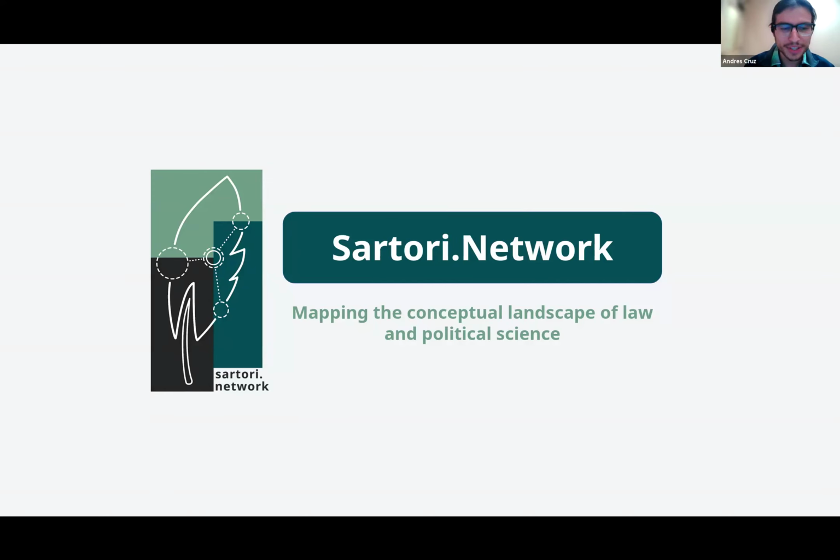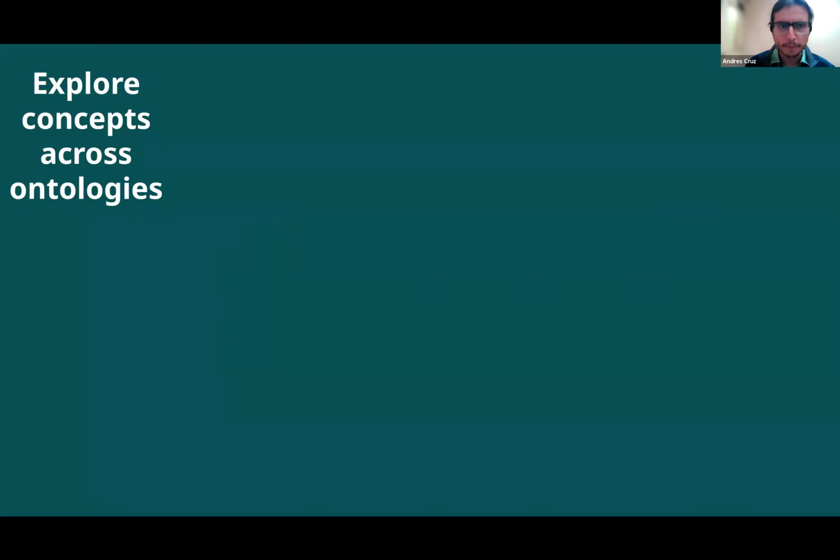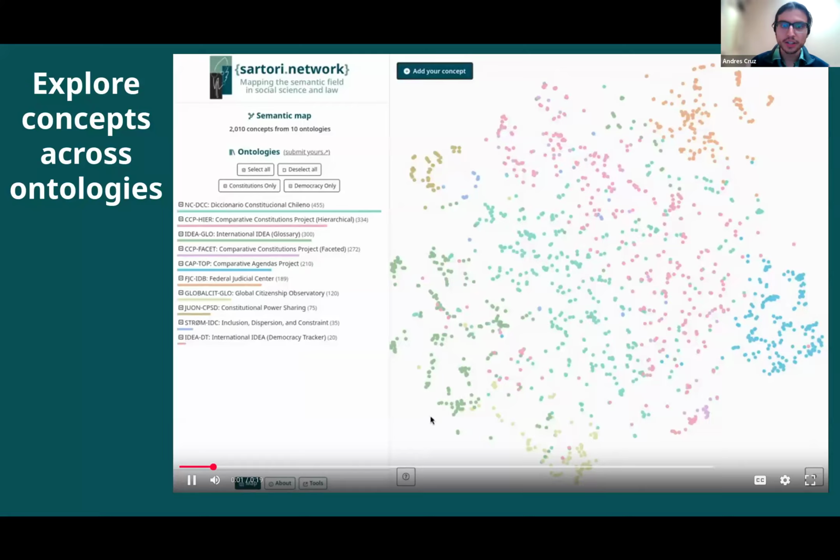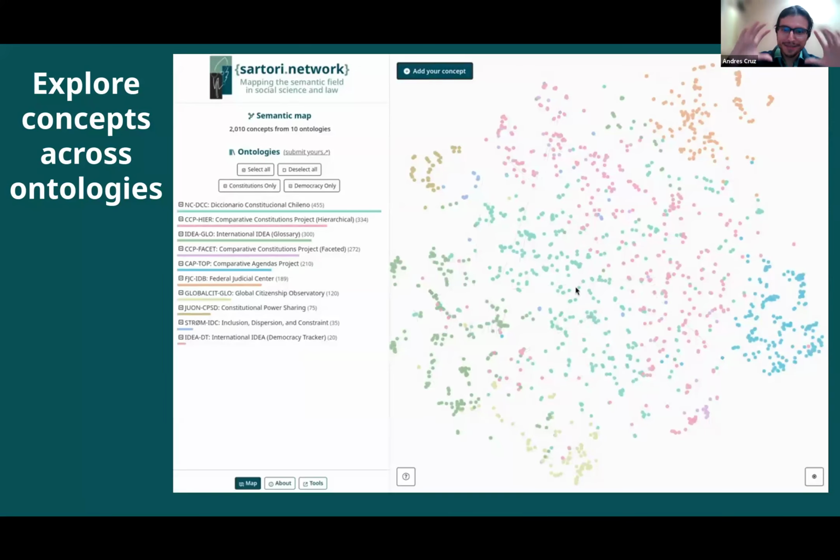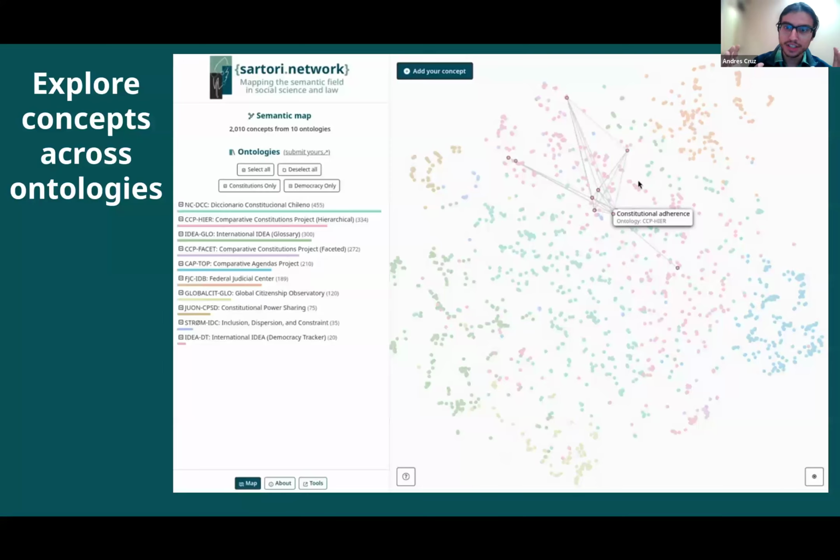And perhaps we took this advice too literally because in this project, we actually try to map this collection of concepts that's out there. So in this website, you get to interact with it. The idea is that we have this map, this collection, in which each dot is a concept that's coming from a given ontology.